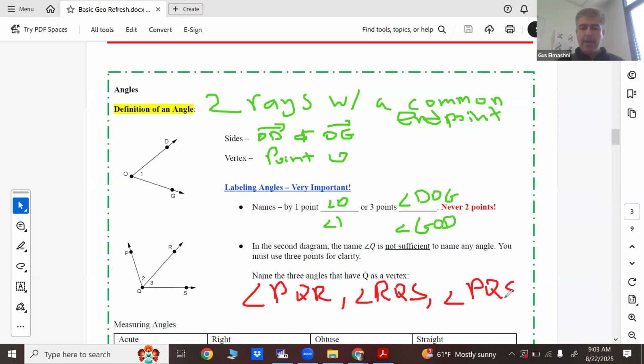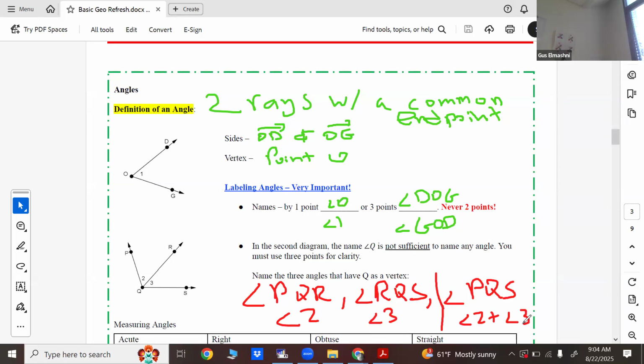Clearly, PQS is the big one, right? PQR is angle 2. RQS is angle 3. And of course, PQS is angle 2 plus angle 3. If I add up angles 2 and 3, it adds up to PQS. But if you say angle Q, you're fully confusing.